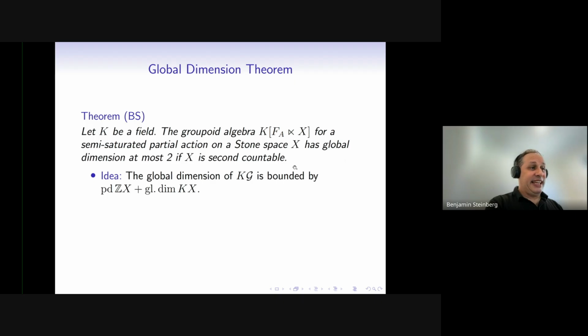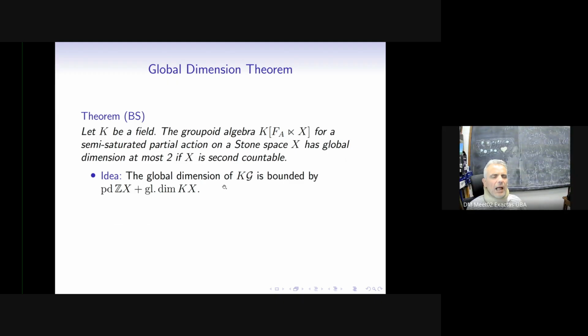The key idea is that I can bound the global dimension of KG by the projective dimension of the trivial module plus the global dimension of the unit space, which is where I need the second countable. So in our case, the projective module ZX has projective dimension 1, and because the ring is second countable, this guy has global dimension 1, and so we get a bound of 2.